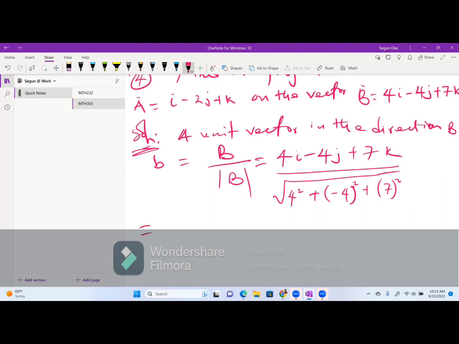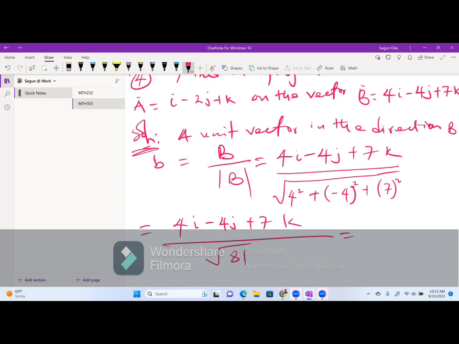So at the end of the day, we have 4i minus 4j plus 7k divided by square root of 81, because when you find this one, it will be 16 plus 16 plus 49 equals 81.